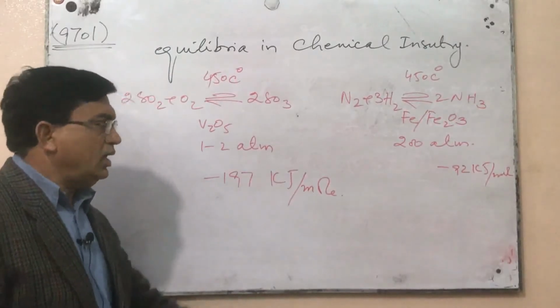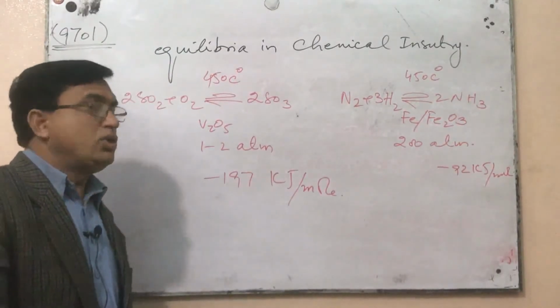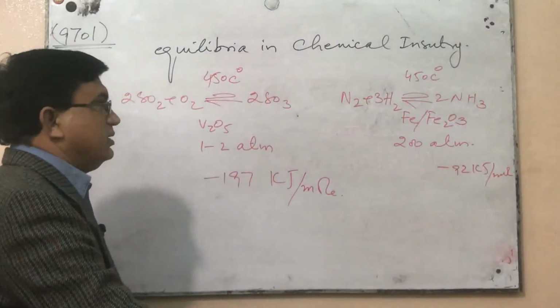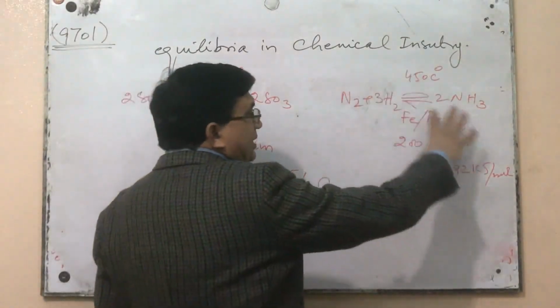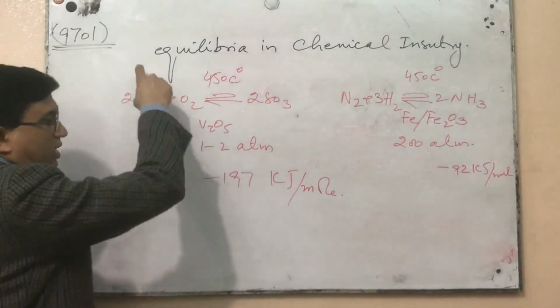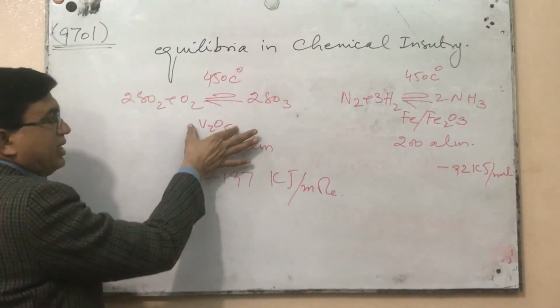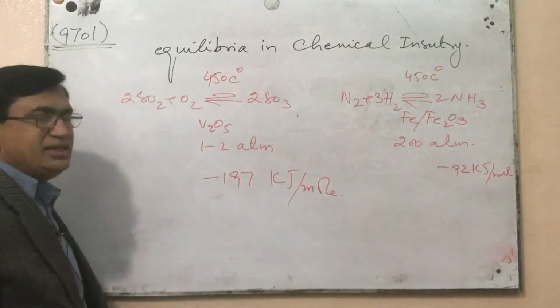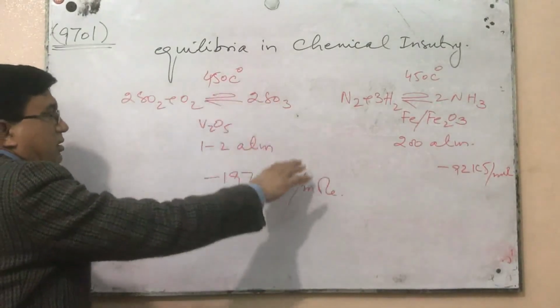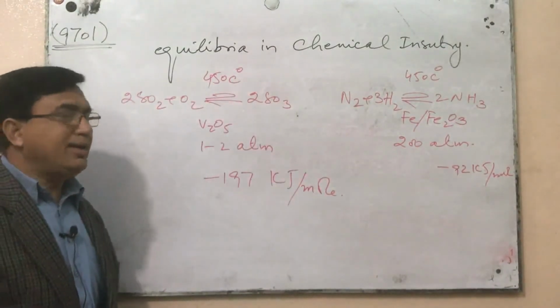But in the industry, we compromise on yield, but we prefer the rate of reaction. If we decrease the temperature, the catalytic activity of the catalyst will decrease. That's why the reaction will become slower, and the reaction will become uneconomical.